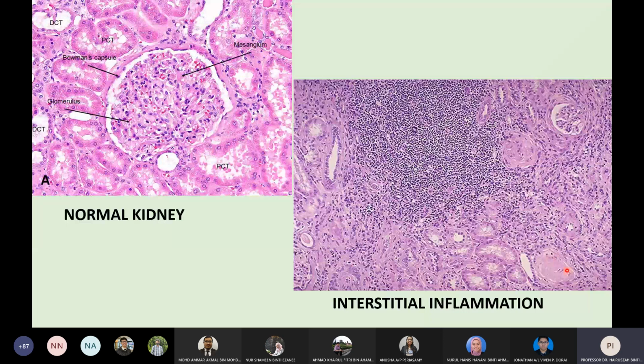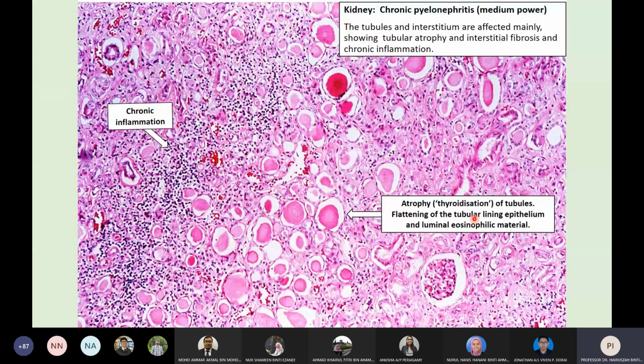So this is sclerotic glomeruli damage. So all in all, you see damage both to the collecting tubules and the glomeruli. This is another feature which is actually characteristic due to chronic inflammation, chronic pyelonephritis. Again, you see all this lymphocyte, chronic inflammation. You see tubules, but they're not normal.